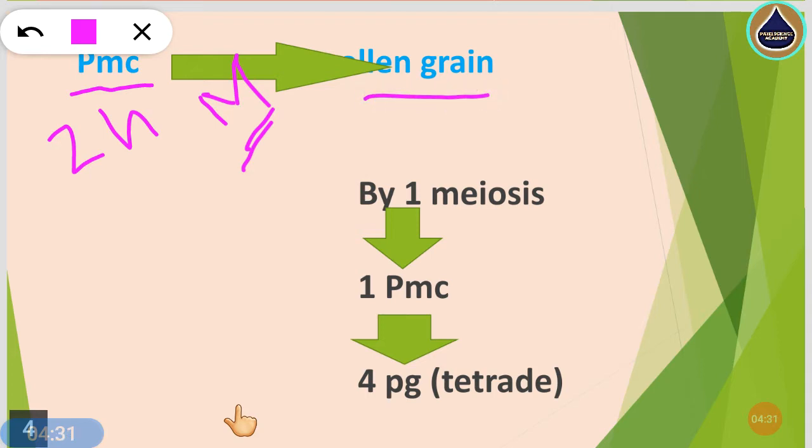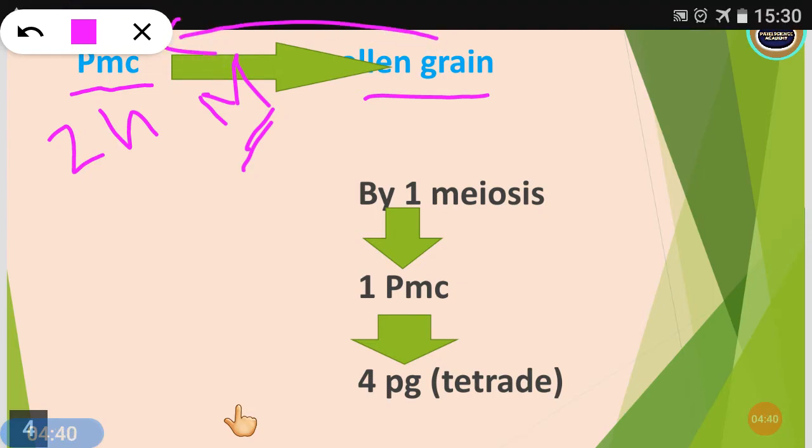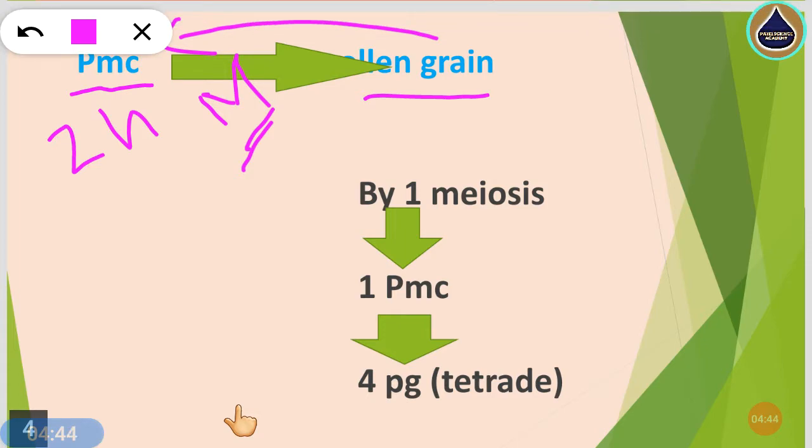I hope you are understanding what a pollen grain is, and that male gametes are formed in the pollen grain. The pollen grains are formed from the pollen mother cell by the process of meiosis, which is a reduction cell division.